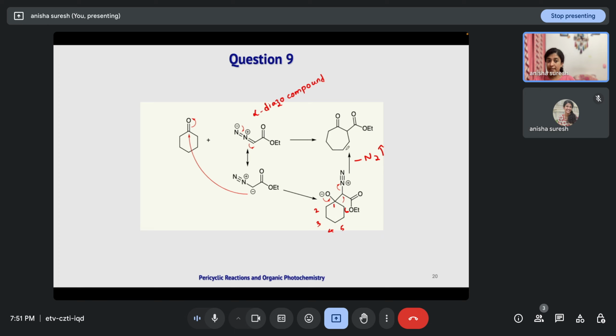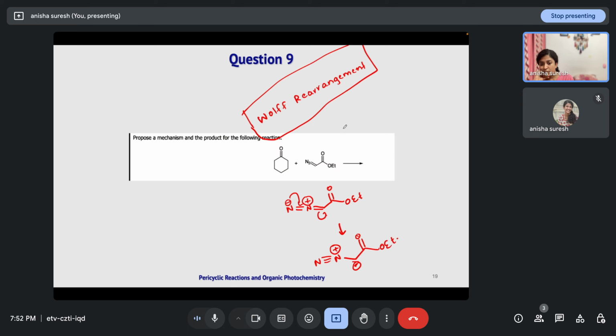So the 6-membered ring will expand into a 7-membered ring, leading to the formation of this 1,3 carbonyl species. Okay, is the mechanism clear? So we cannot exactly tell this is a Wolff rearrangement.